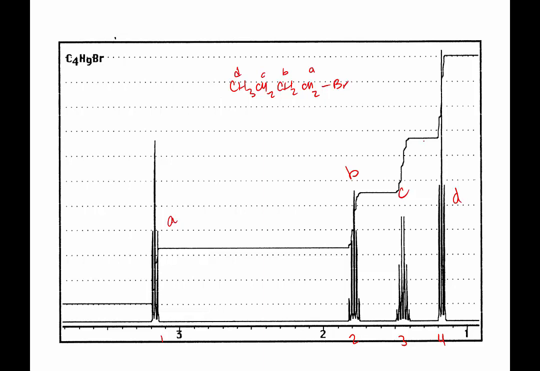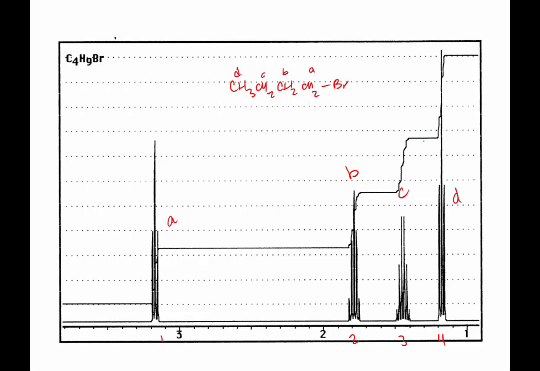And so notice that they show up about 3 on your scale. That's where hydrogens attached to carbons attached to halogens will show up. And then I can go right down the line and go A, B, C, and D, because with a straight chain alkyl halide, the farther away you get from the bromine, the farther to the right you go.